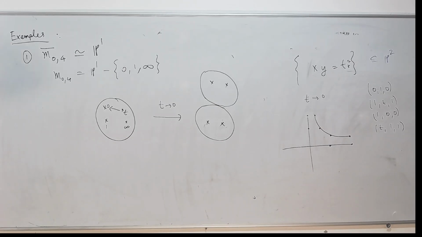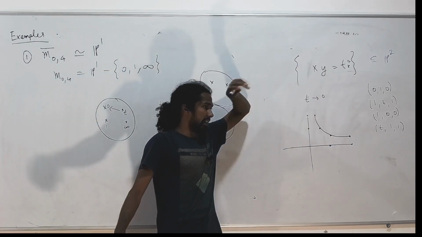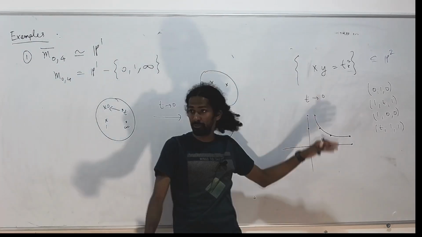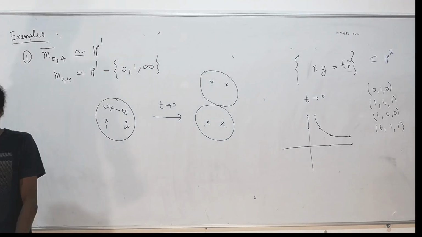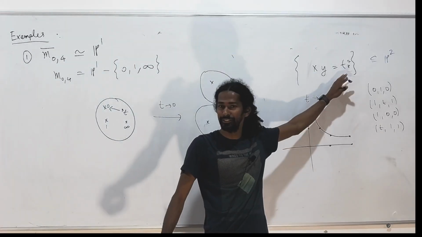To compute the genus of the curve, there's a degree genus formula. I'd probably get it wrong if I try to write it now, but this is a degree 2 curve.